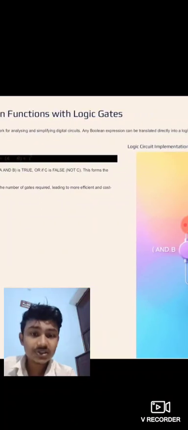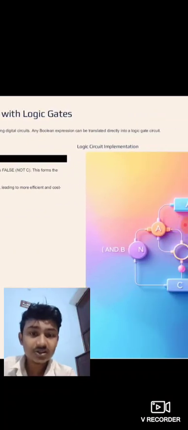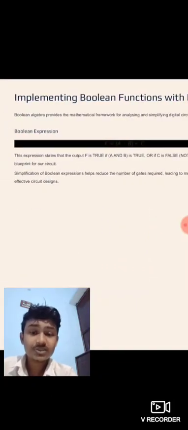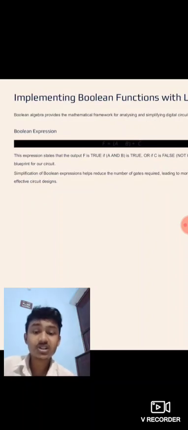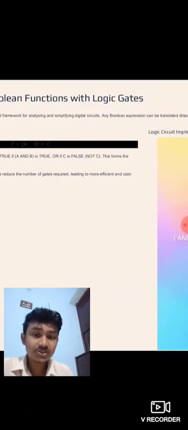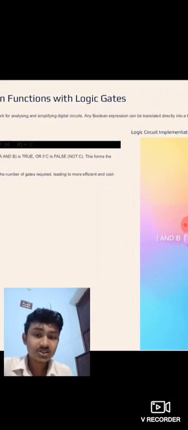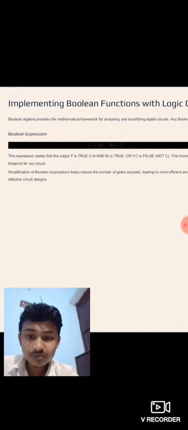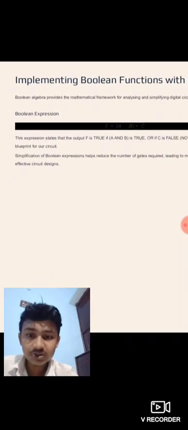Any Boolean expression can be translated directly into a logic gate circuit. Take this Boolean expression: it states that the output F is true if A and B are true, or if C is false, that is, NOT C. This forms the blueprint for the circuit.